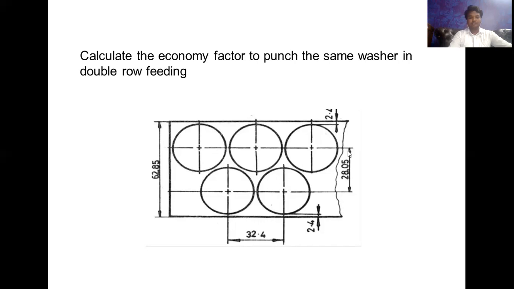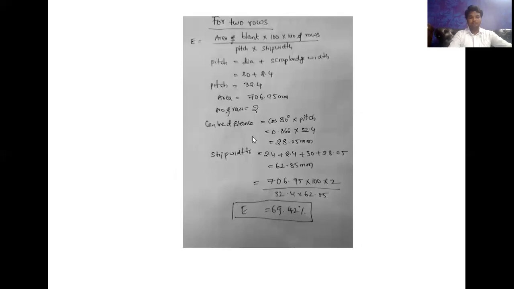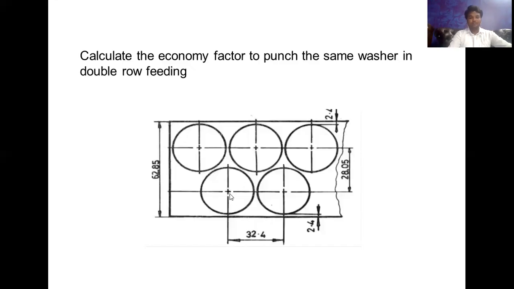So this is the general layout, and for the circles, the pitch is 32.4. This pitch, starting from one center to another center, is taken as 32.4. So this is 32.4, this is 32.4, and this is 28.05.